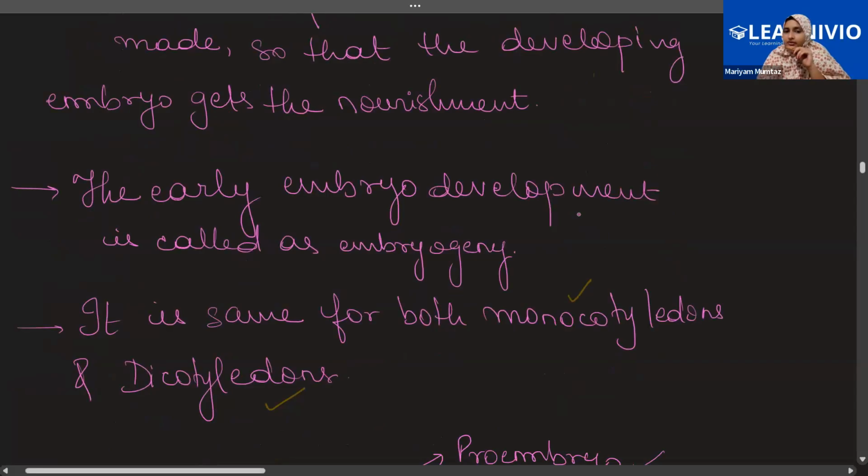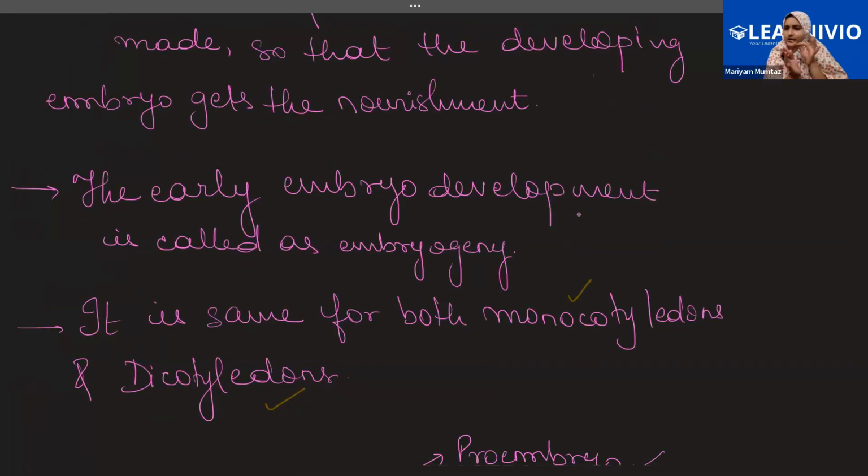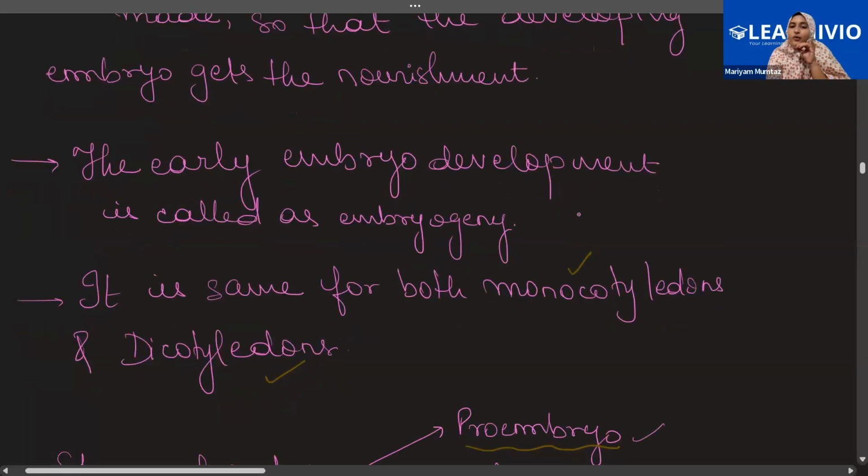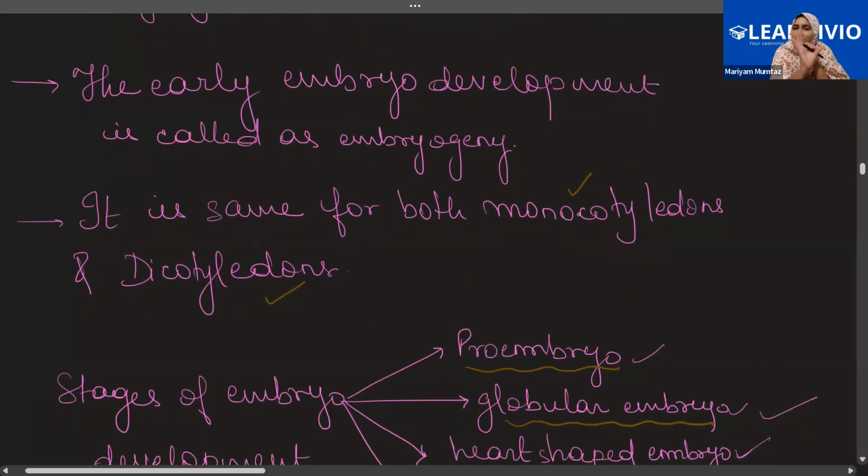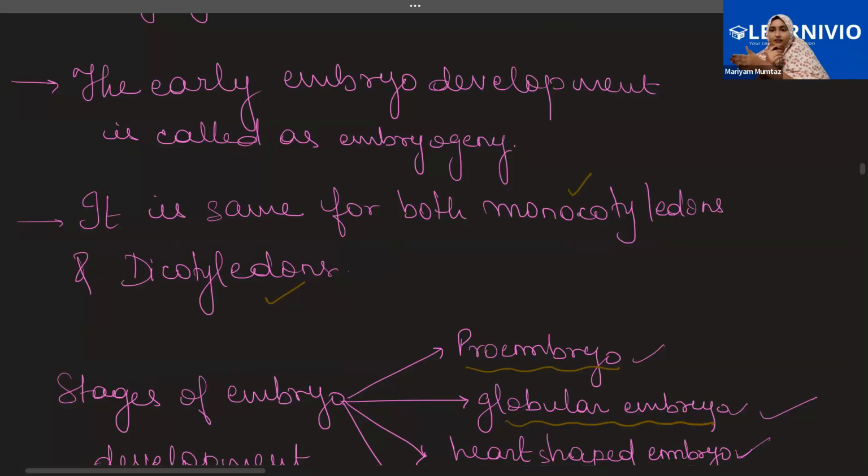The early embryo development is called embryogeny. Embryo is embryo, geny refers to genesis, and genesis means formation. The pattern of development of the embryo, the steps involved, is the same for monocotyledons and dicotyledons.